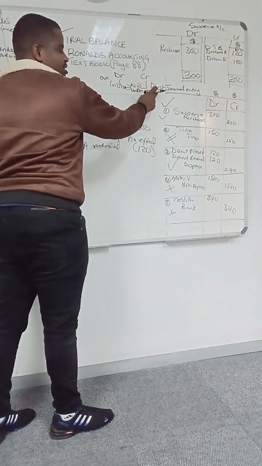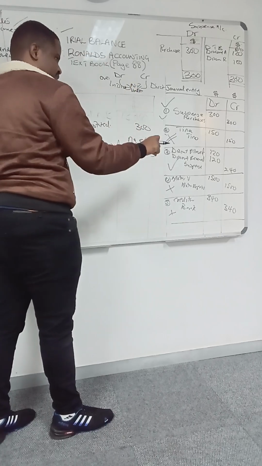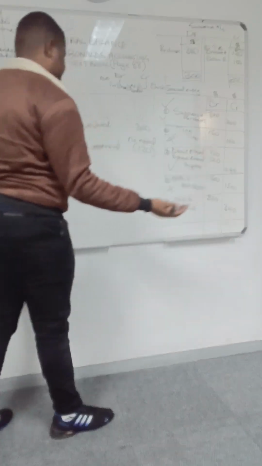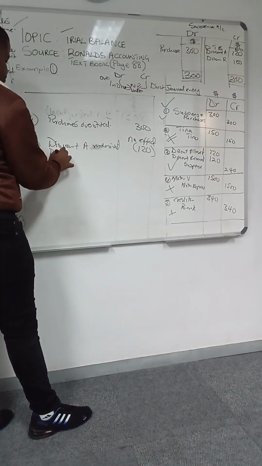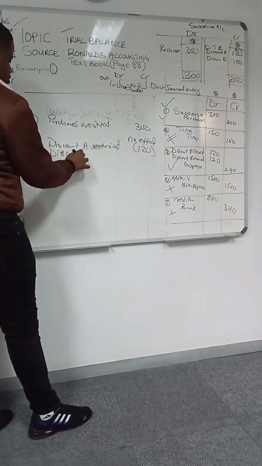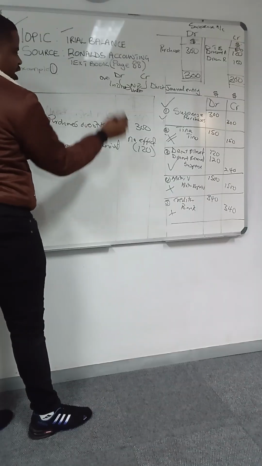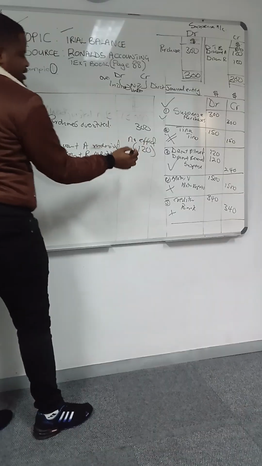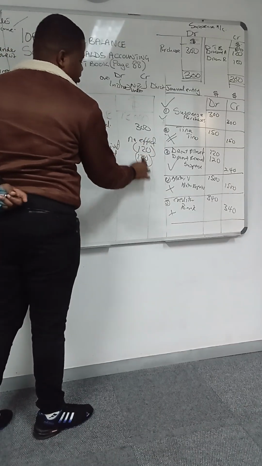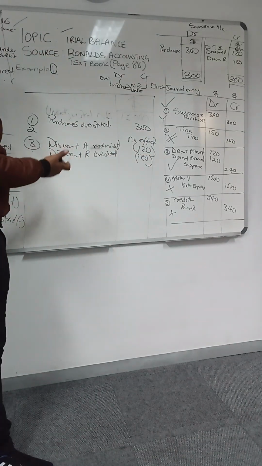Because of direct relationship, net profit will be also overstated. The correction you subtract. So you are saying number 3, discount received. What overstated? What are we going to say? 120 subtract. As simple as this, guys.